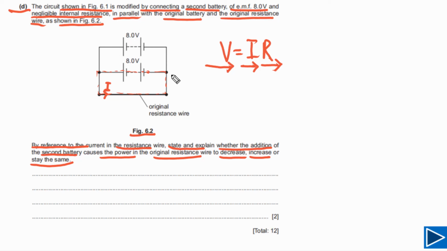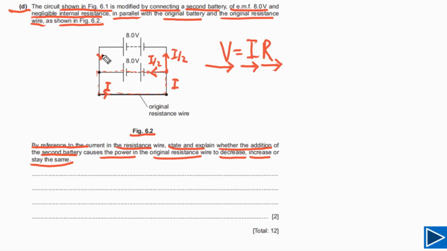Now let's try to understand a little bit more about that. The current in this wire is the same, but current coming from this battery will be I by 2, meaning at this junction current I will split into two parts, and current entering the second battery also will be equal to I by 2.